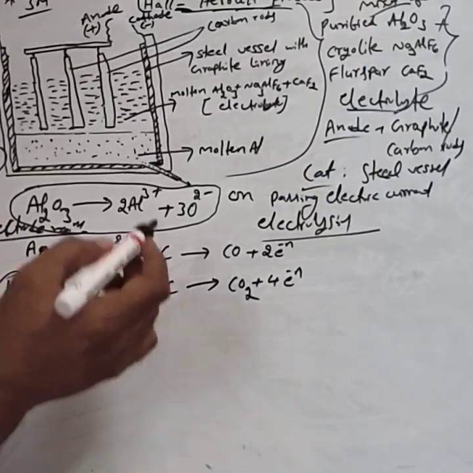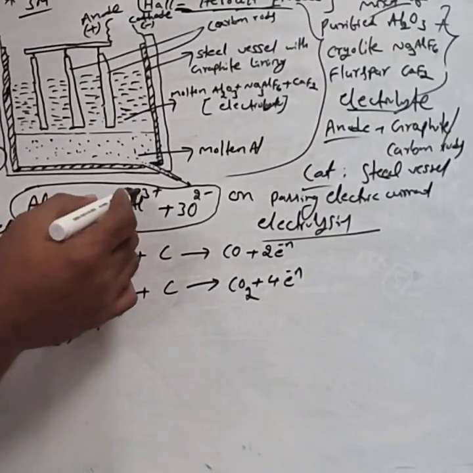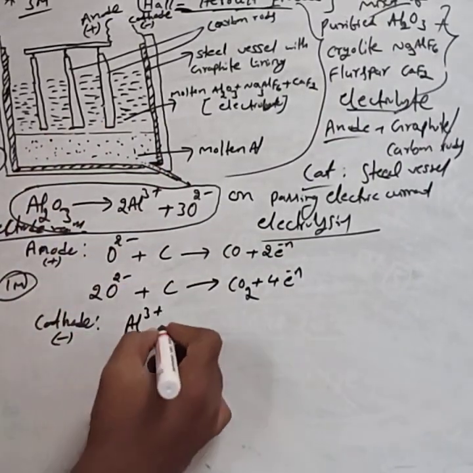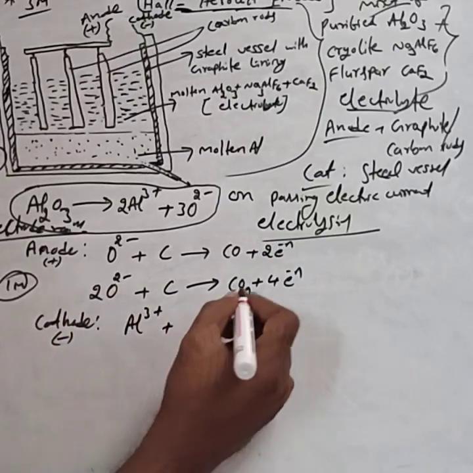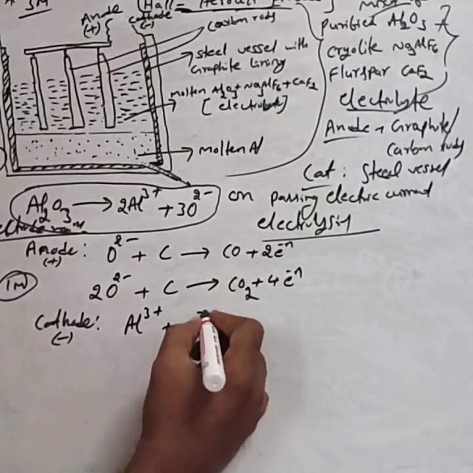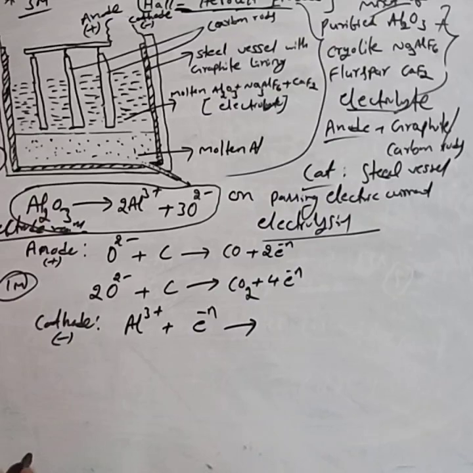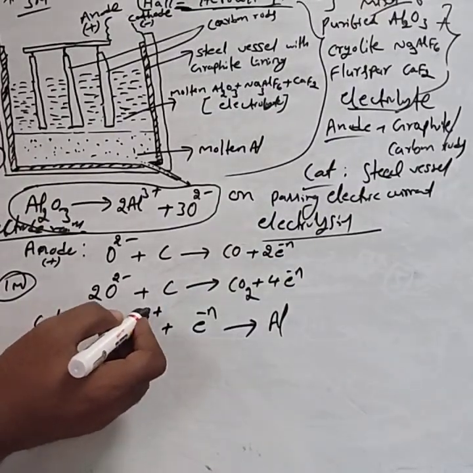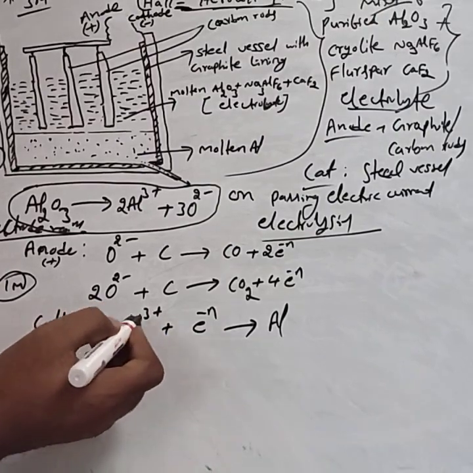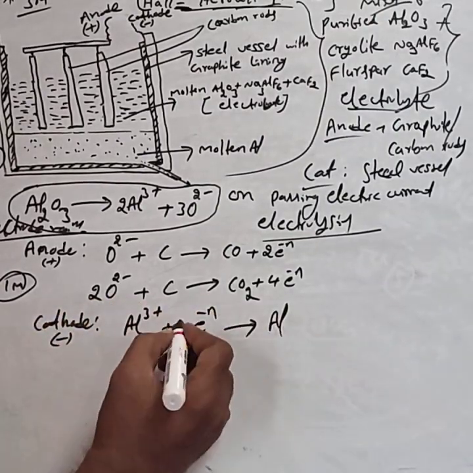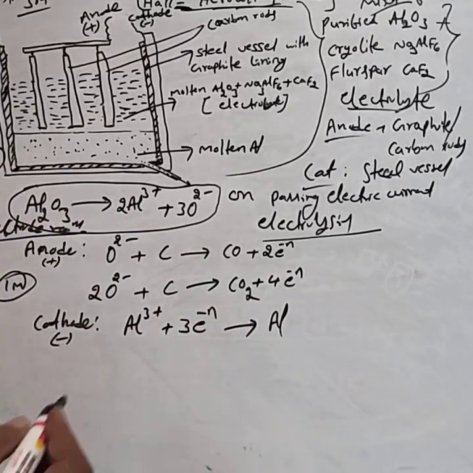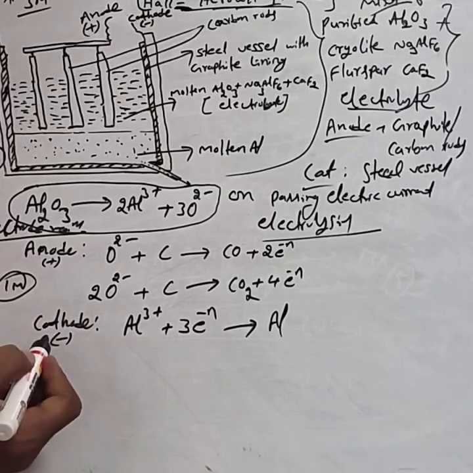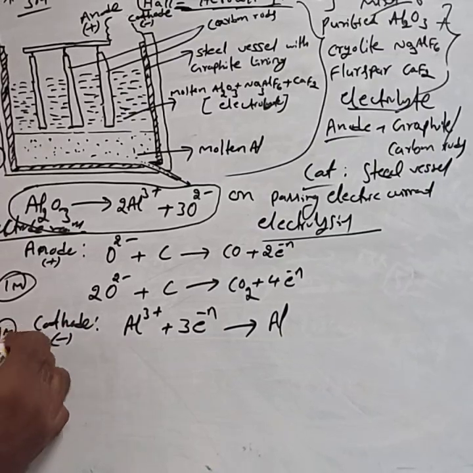Towards the cathode, the positive ion Al3+ gets attracted. Al3+ accepts electrons and is reduced to Al. To reduce 1 mole of Al3+ into Al, it requires 3 electrons. Hence Al3+ is reduced to Al at the cathode. This is the cathode reaction, which carries 1 mark.